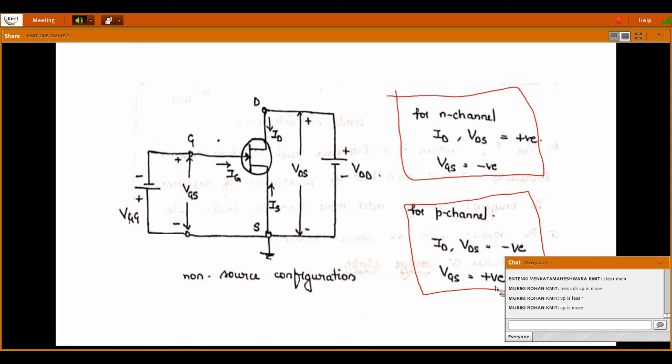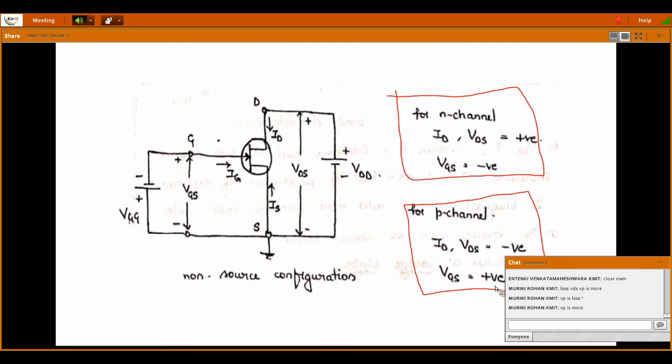Because FET is a unipolar device, only the majority carriers will give the output current. So in N channel the final current is due to flow of electrons, whereas in P channel it is because of holes. In P region the majority carriers are holes, so the output current is because of flow of holes. That is the only difference between N channel and P channel: the polarities are reversed and the carriers are different.